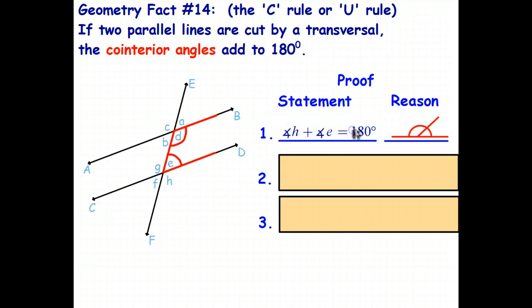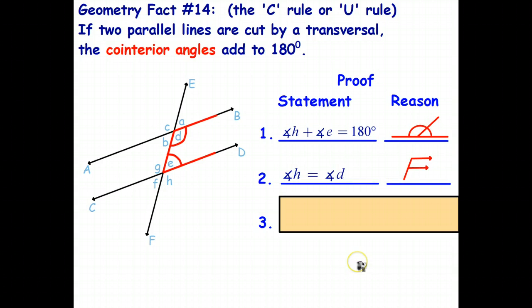This is called a geometric proof. So first, I know that these two angles add to 180 because they make a straight angle. So E plus H equals 180 because they add together to make a straight angle. Now I know that H and D are equal because of the corresponding angles.